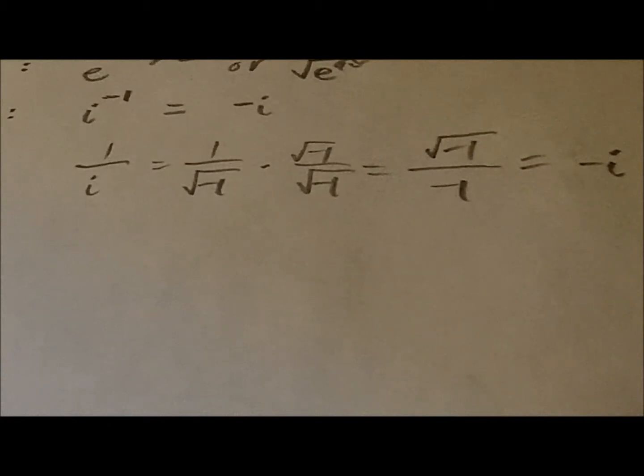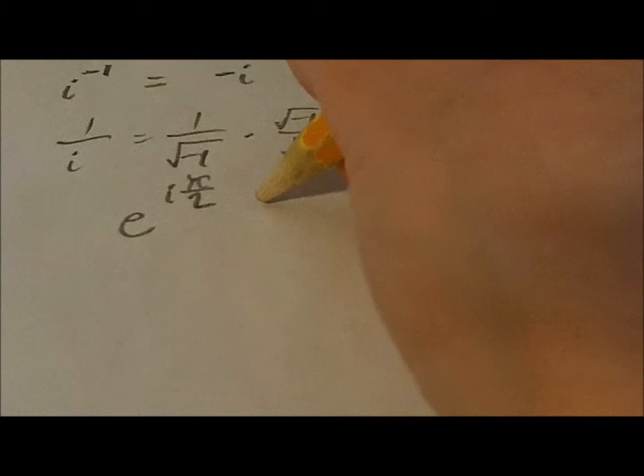Another way of thinking of it would be, as we said before, e to the i pi over 2 is equal to i.